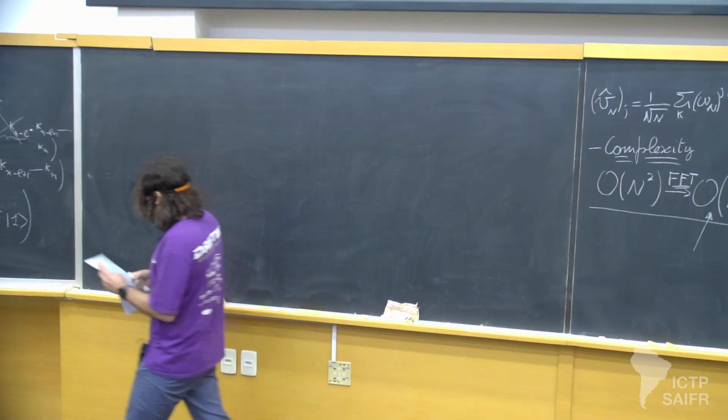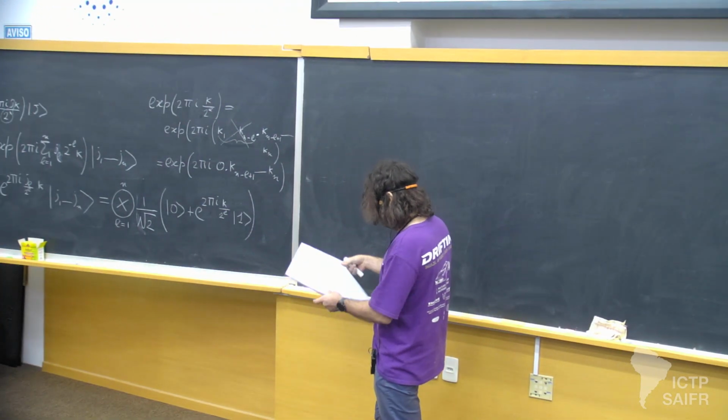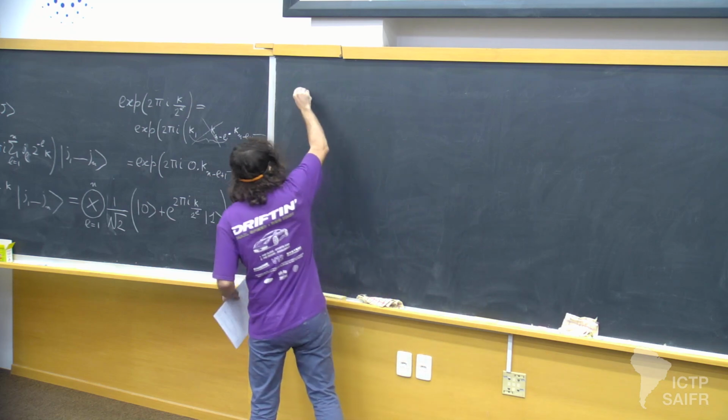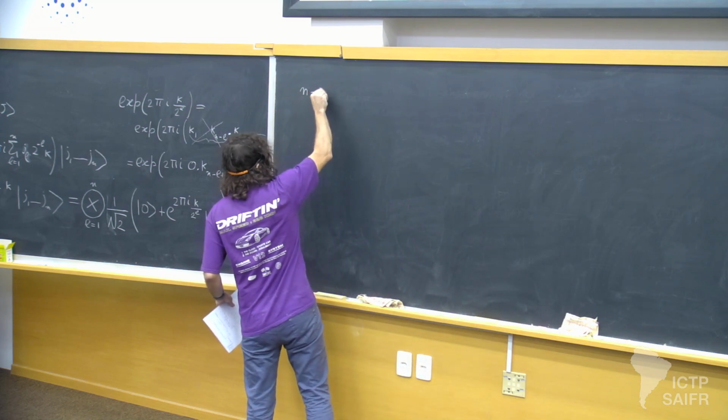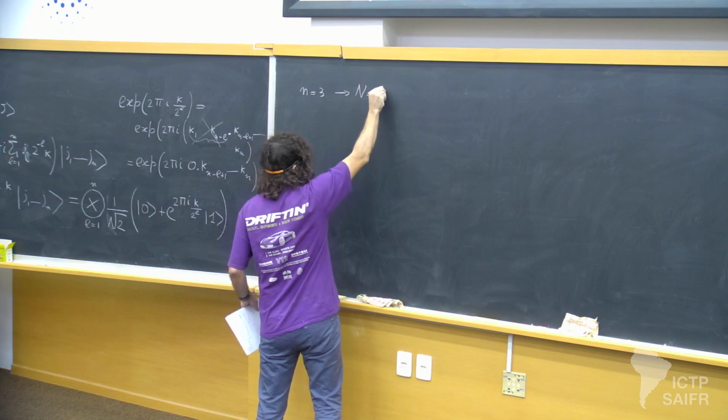Okay. So now we have the formula, so let's do an example. Let's consider the case n equal to 3, which means capital N equal to 8.